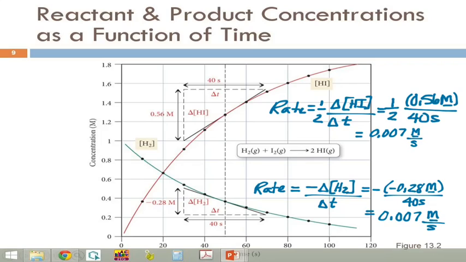But at a given point in time, the rate should be the same regardless of which reactant or product you calculated it from. That's why we have a negative here for the reactants, so that it ends up being a positive number. And that's why we use the coefficient here to account for the fact that the hydrogen iodide is made at twice the rate that the hydrogen is destroyed. But we're talking about the rate of the reaction as a whole. Any questions?